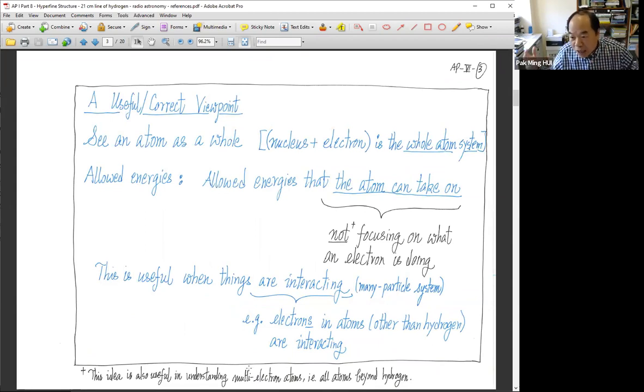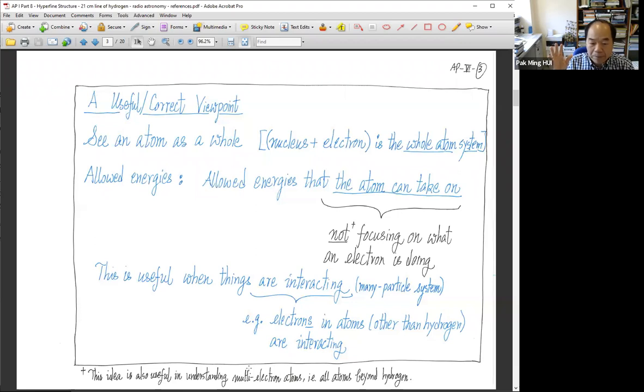Students for many generations, maybe high school education works too well here, always think in terms of what the electron is doing. What is one electron doing in an atom? They usually like to think the electron in 1s now makes a transition to 2p, okay? Now, that is okay if you have one particle only, the electron only.